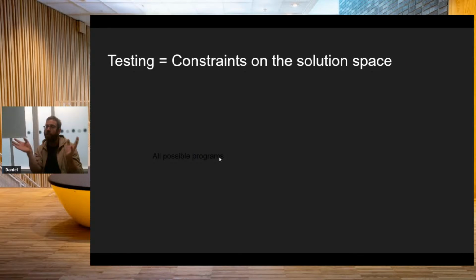It added 2 numbers. We get 2 numbers in, it adds them together and returns the result, right? And all possible programs contains Doom, it contains World of Warcraft, it contains any possible program ever written and all programs not written. And most of those don't solve the add problem.